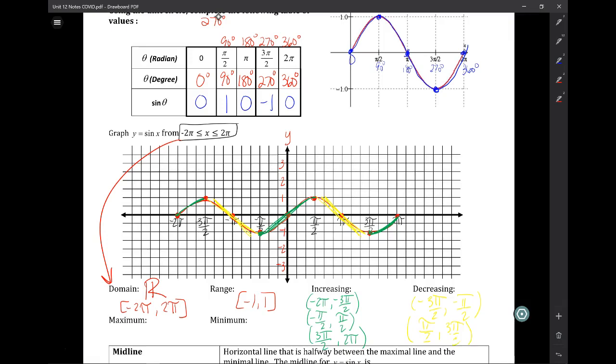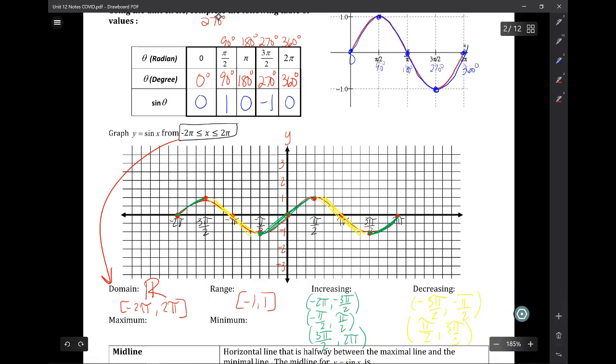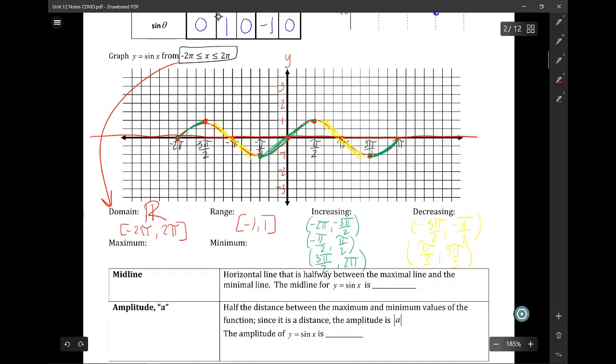All right, now, what you might notice is this curve that we just graphed kind of goes up and down and up and down, and it weaves up and down along a center line. So it is going up and down across the x-axis right now. But eventually that x-axis is going to be moving.